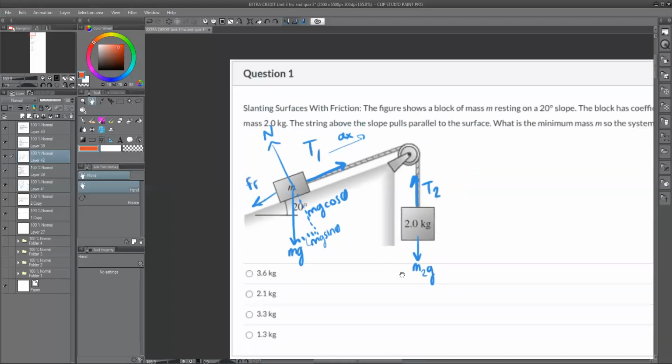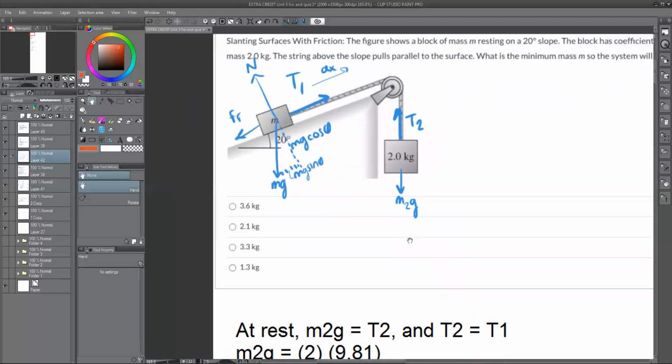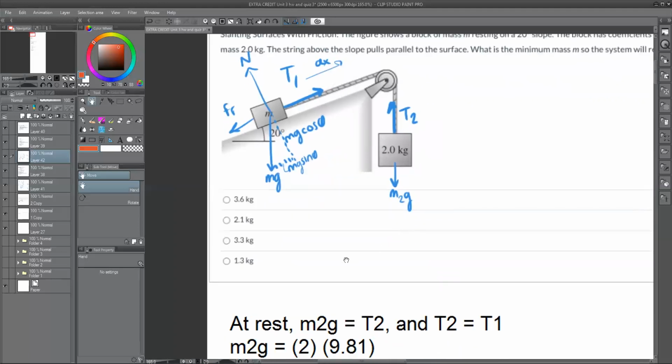So the first thing I did was I understand that at rest, the weight of this second block is equal to the tension that it is being pulled up with. And at rest, neither of them are moving, so the tension T2 will be equivalent to tension T1.